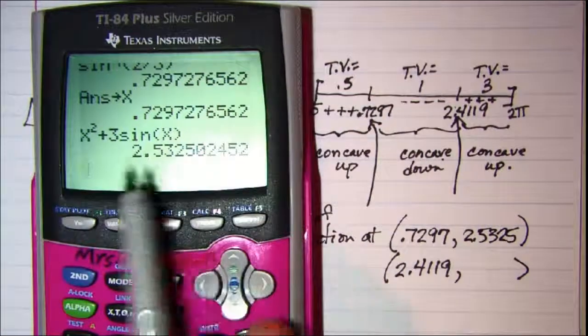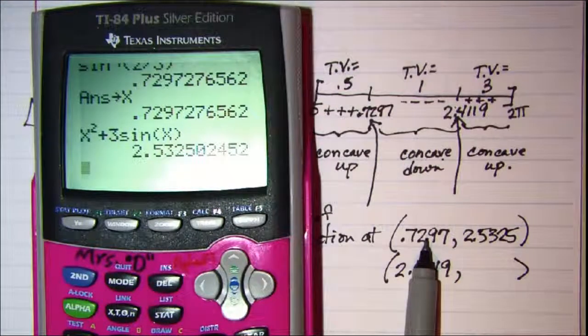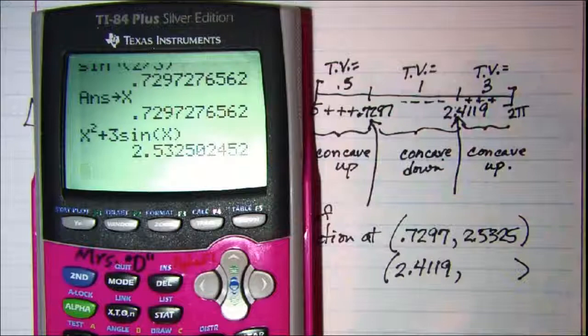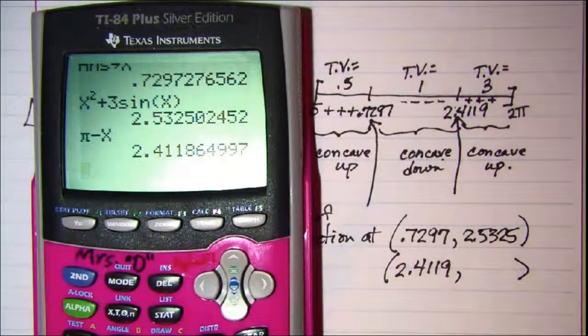To get this x value, remember I took pi and subtracted 0.7297. So pi subtract x. There's my 2.4119. Now let me store that for x.